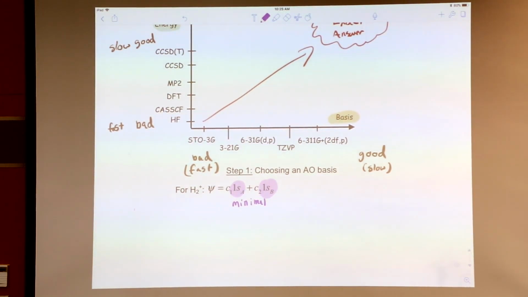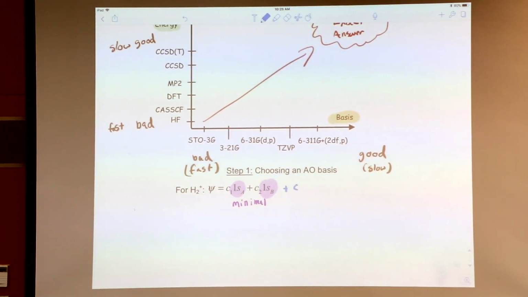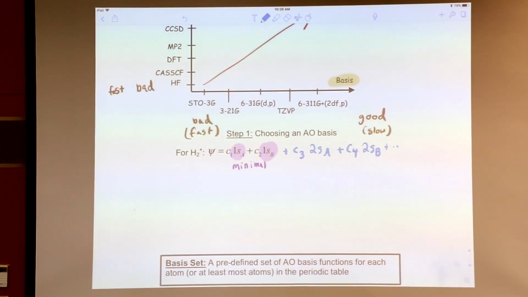Now you could think about the possibility of adding additional functions. So I could add in, say, the 2s function on A, the 2s function on B, and so on. I can come up with various things. Now you might ask, why would I want to do this?